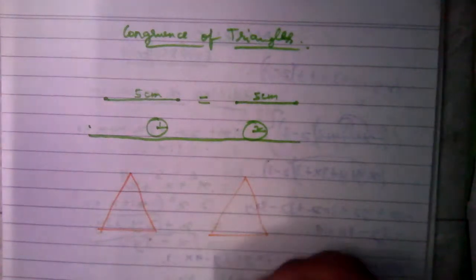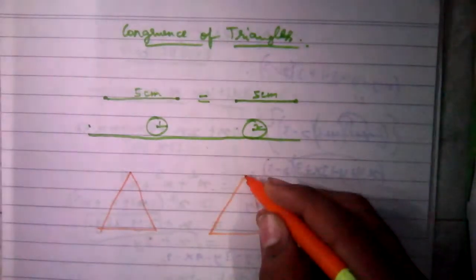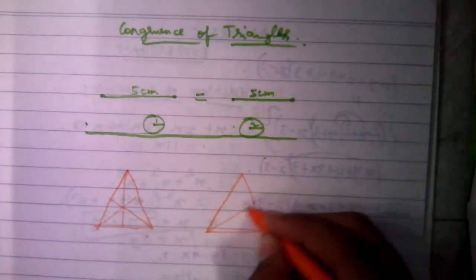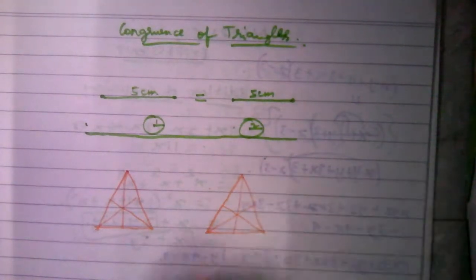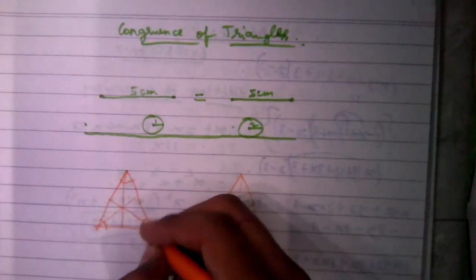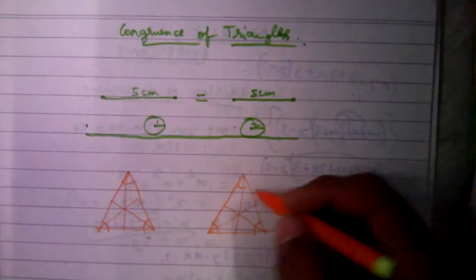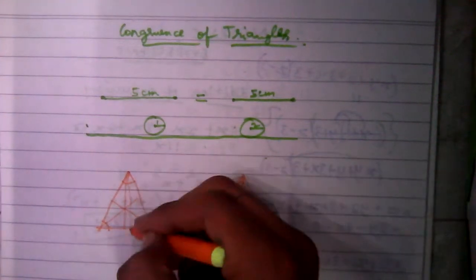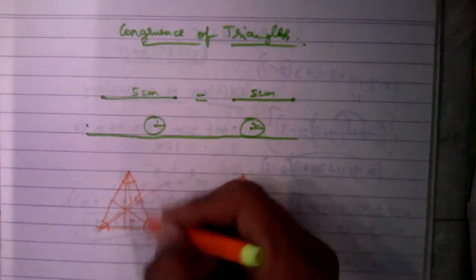That means, like this, if we take these two triangles, congruence tells us that the medians, the sides, all the sides, and the angles, and the altitude, and the perpendicular bisector, all are equal.